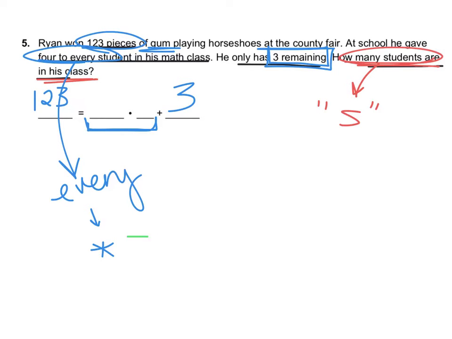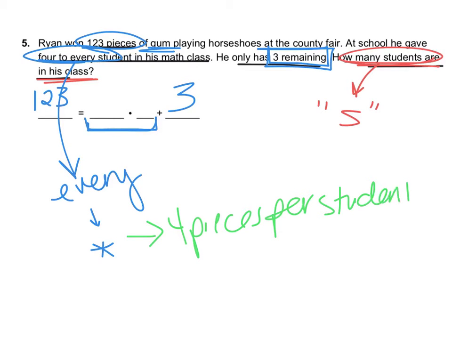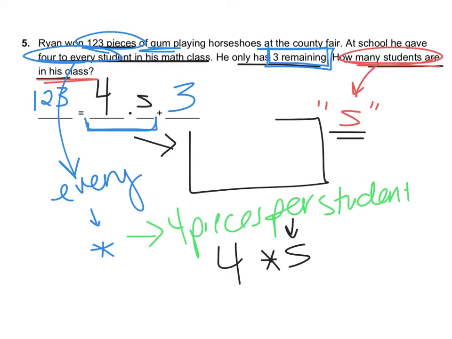So we have 4 pieces per student. So if we think about 4 pieces per means multiplication, and we don't know how many students there are, we're going to have 4 times S. So that's going to get filled in our equation. Our final equation is going to look like 123 equals 4S plus 3. Hopefully these examples helped you understand how to write your two-step equations.